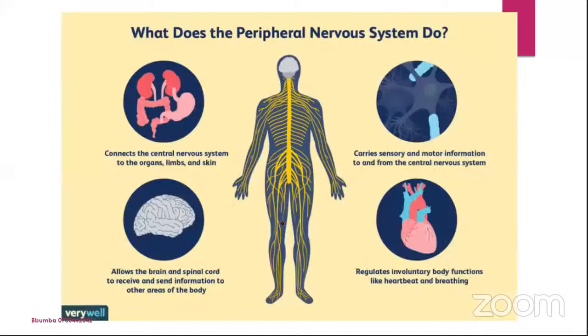So what does the peripheral nervous system do? It is made up of cranial and spinal nerves, which are on the side. These are the nerves from the neck region, as well as those that radiate from the spinal cord.